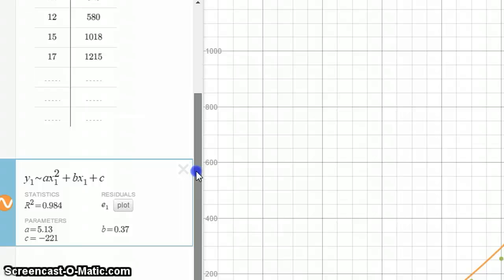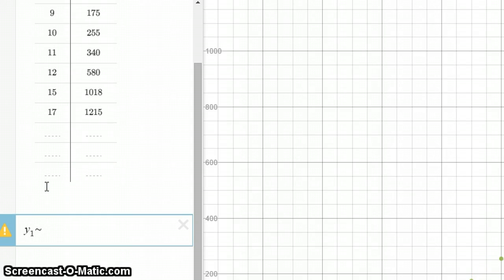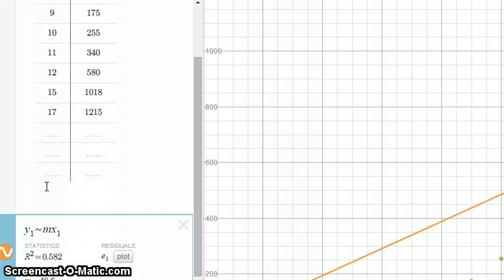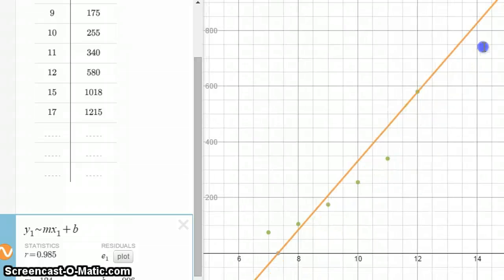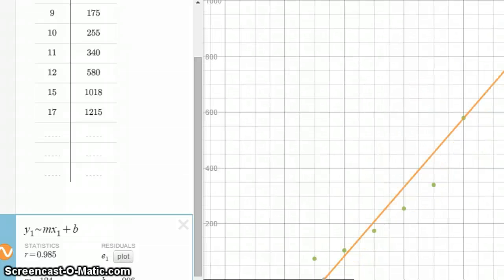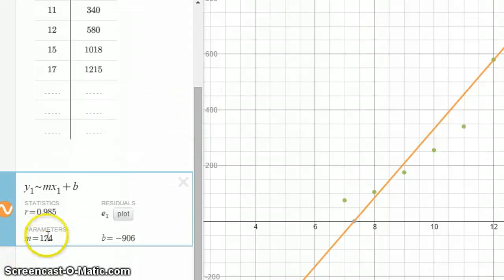Now there are other questions that ask you to fit other functions, and you can fit other functions with regressions the same way. Your standard linear regression would look like this. Okay, there's the linear regression. All right, and down there you can see the value of the slope and the y-intercept.